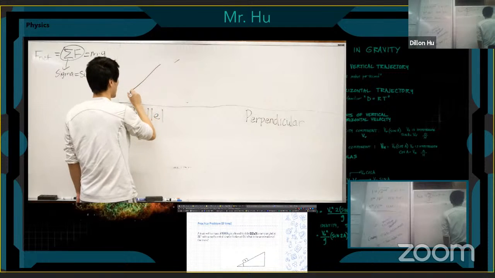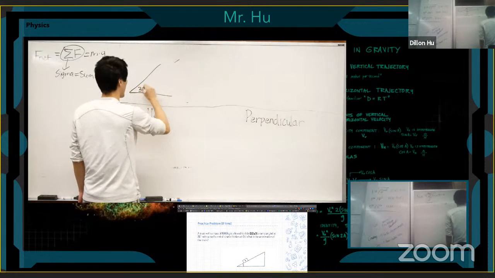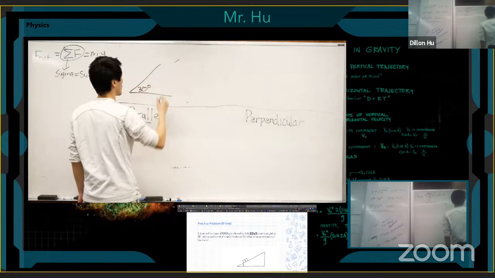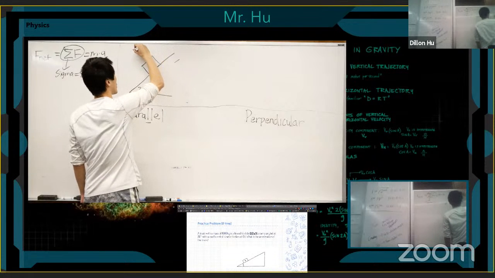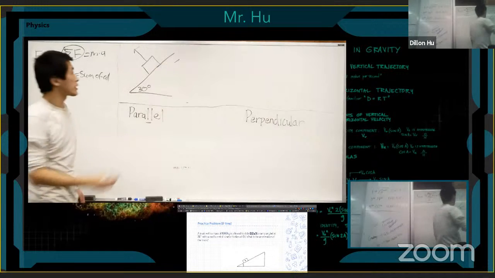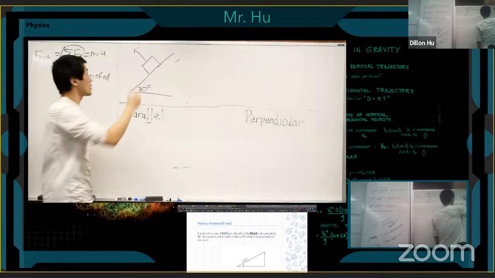Once again, it's coming at an angle, and we know the angle, which is 30 degrees. We have the normal force pointing straight up. This time, because the truck is sliding down the ramp, friction is going to be pulling up the ramp.